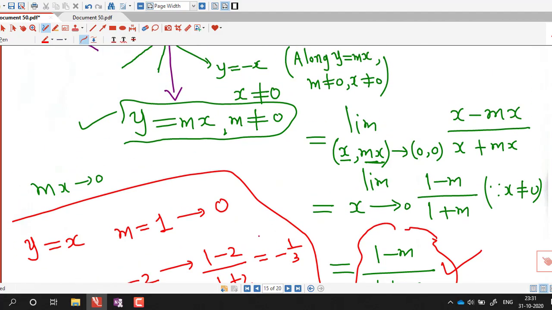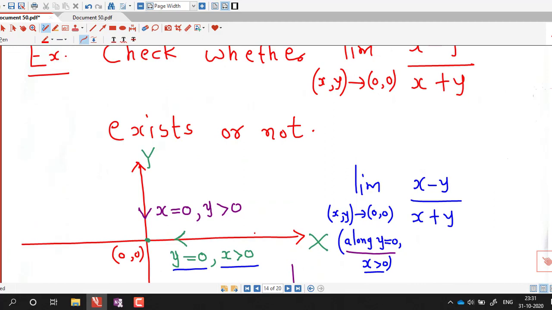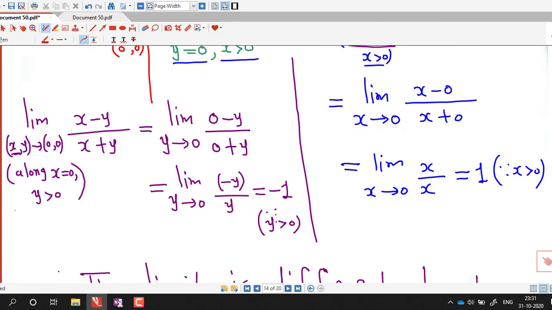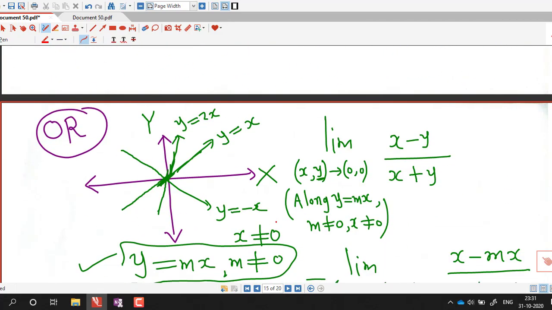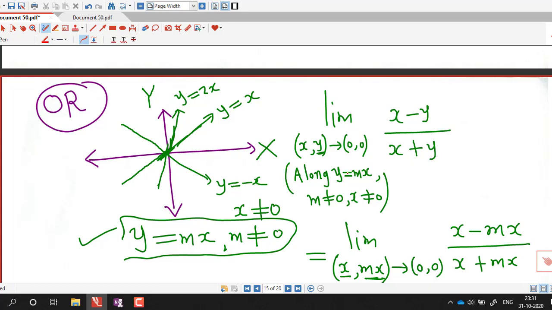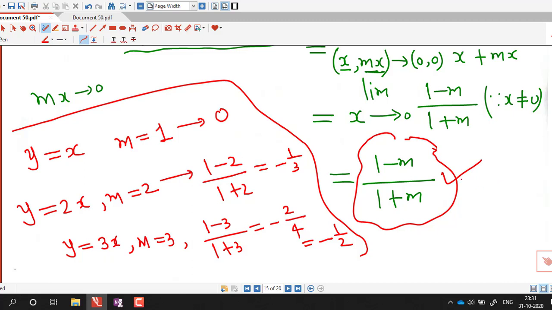So this is another way to write down the same problem. Either we can find out two different paths along which limit is different, or we can go in this way. Here we find out limit along all possible lines, and if this answer depends on m, which is different for different values of m, therefore limit does not exist.